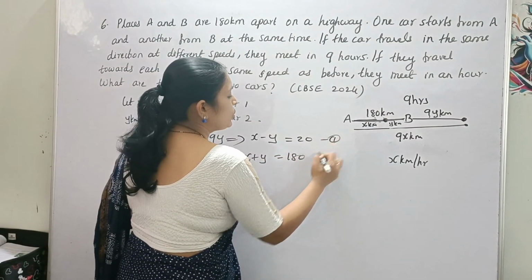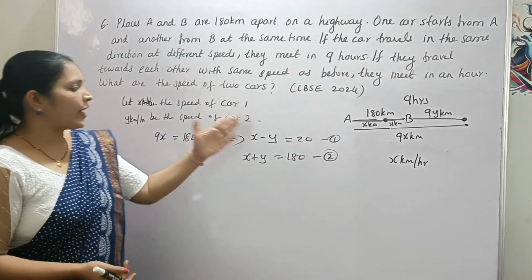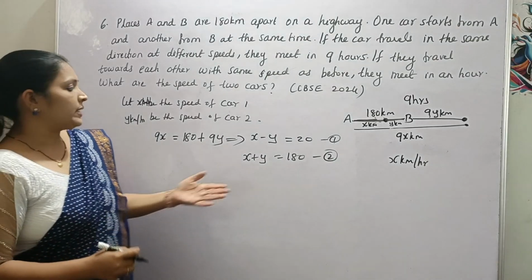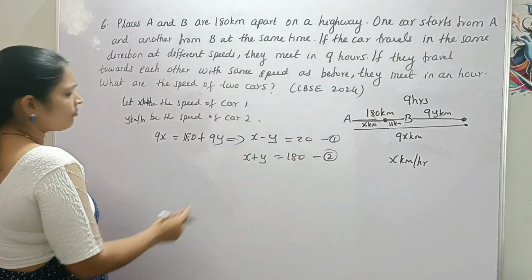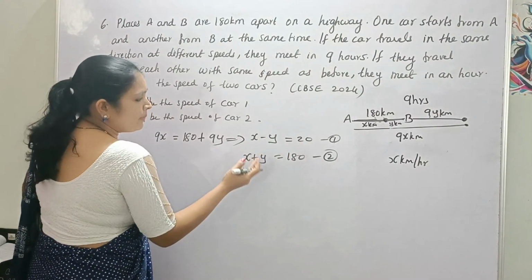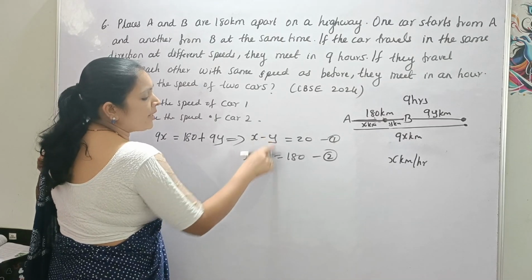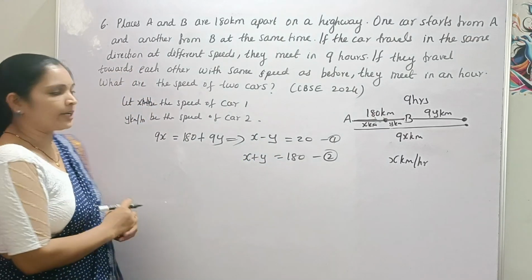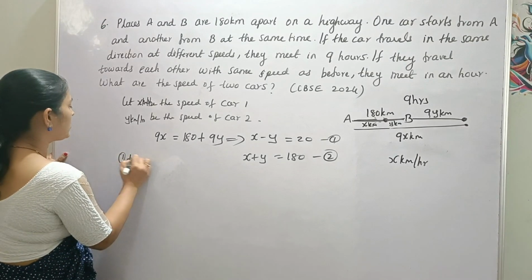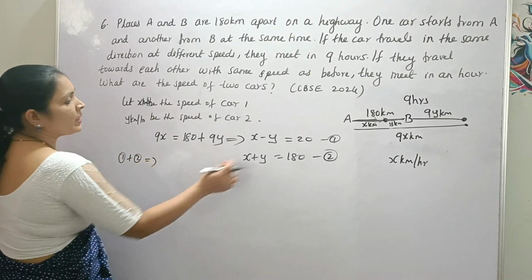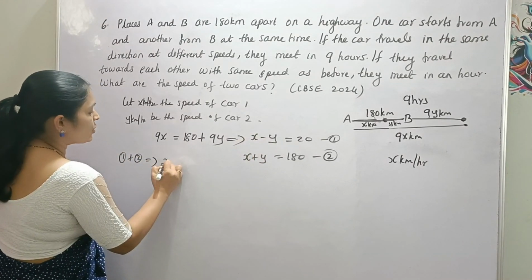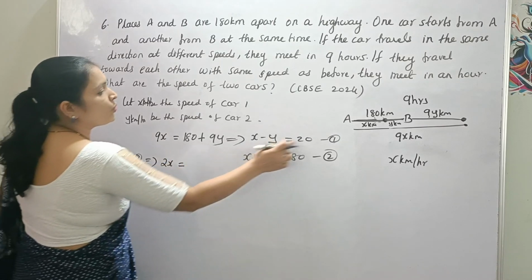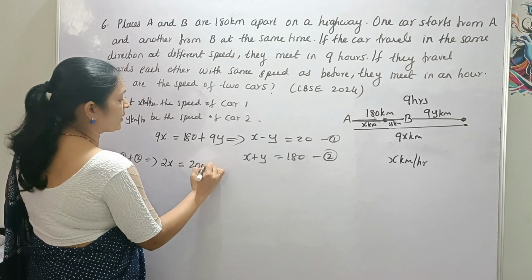Now we have got two equations. Then find the values of x and y. Here it is very easy to find. Apply the elimination method. Add these two equations so that the y variable will be eliminated, right? So equation 1 plus equation 2 gives x plus x, 2x, is equal to 20 plus 180, 200.